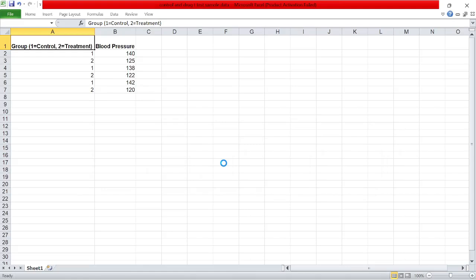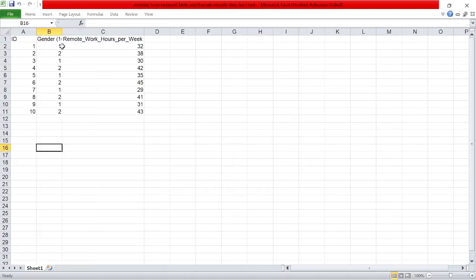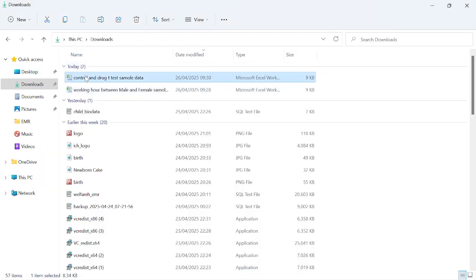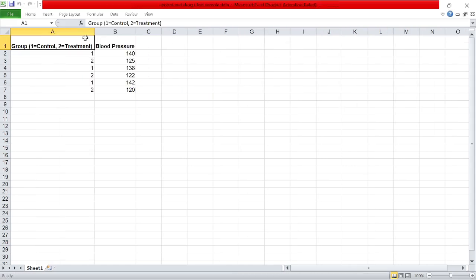What we want to know is how long the male can work on average. Can males actually work remotely for higher hours compared to females? Then the second one is going to be control and treatment drug.